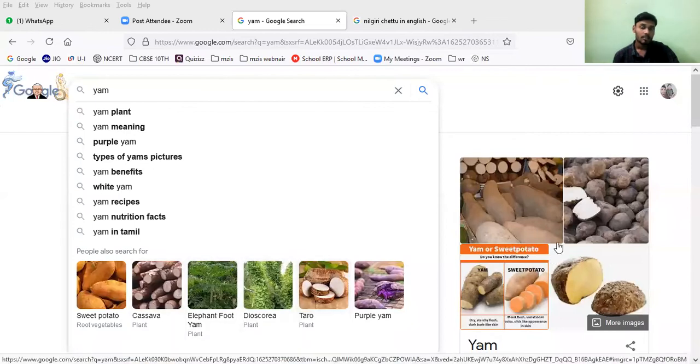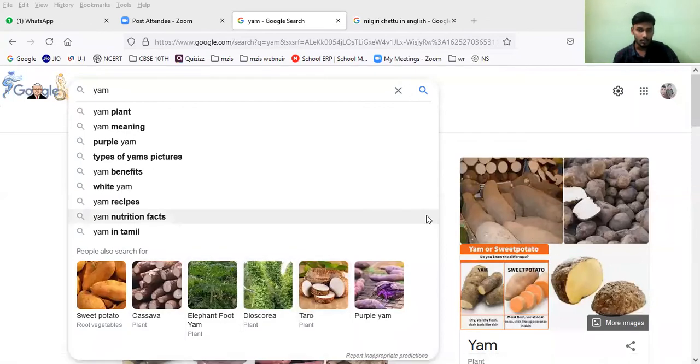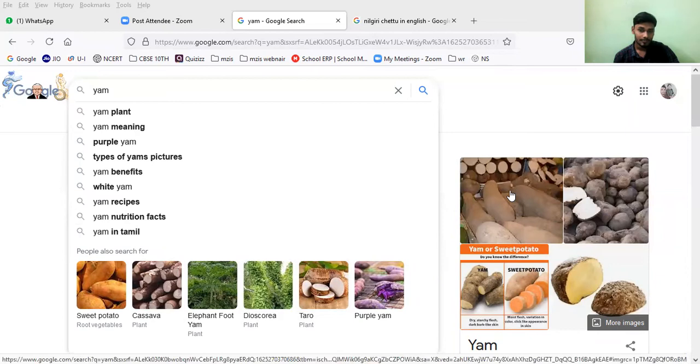This is what we should call yam. Is it a new thing to you? No, sir. Everywhere in our shops, it is there. They cut a small part of the yam, and your mother and father may take it. Have you noticed it? Yes, sir.